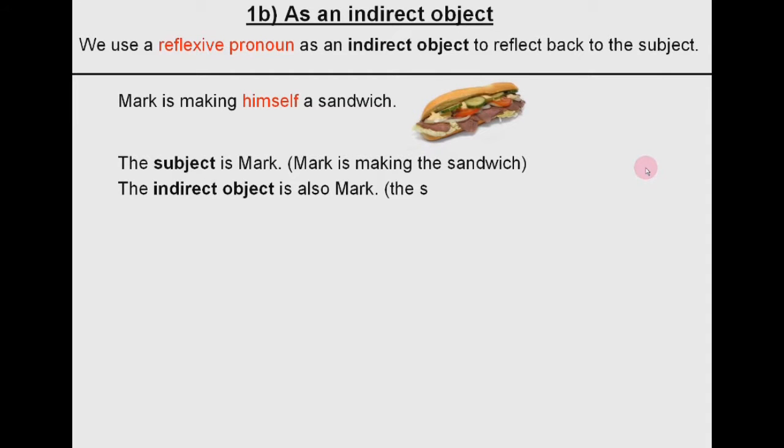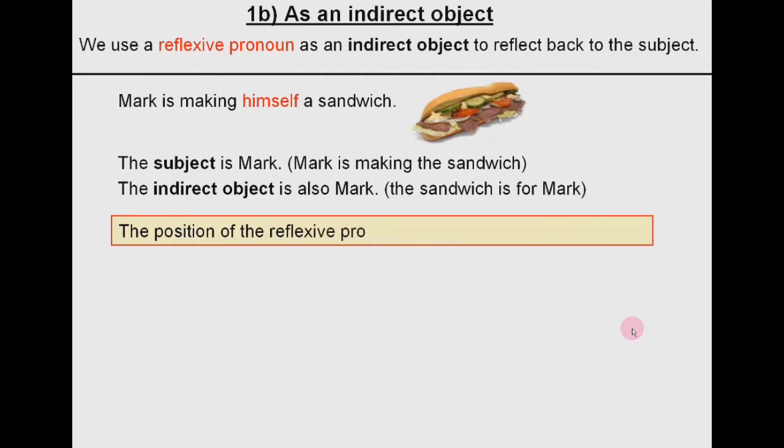And this time, the indirect object is also Mark, because the sandwich is for Mark. So, in this sentence, sandwich is the direct object, and himself is the indirect object. And this reflects back to Mark, the subject.